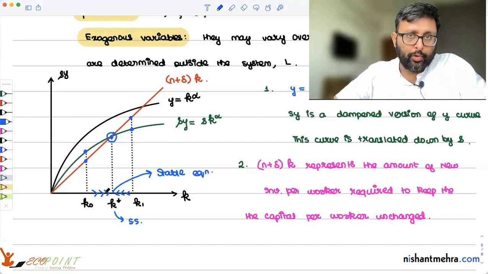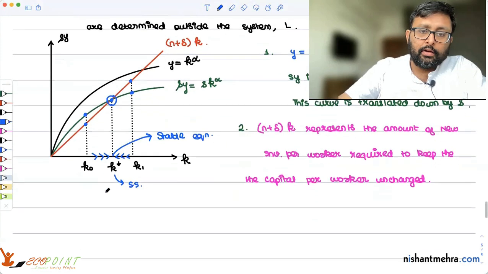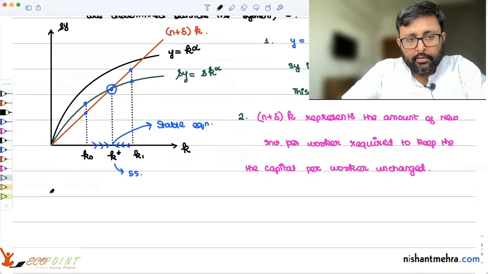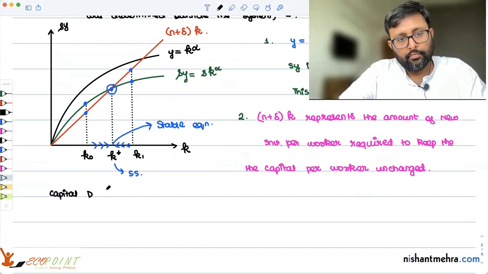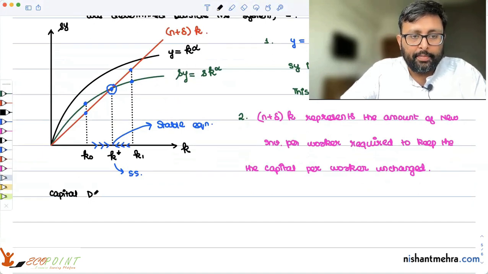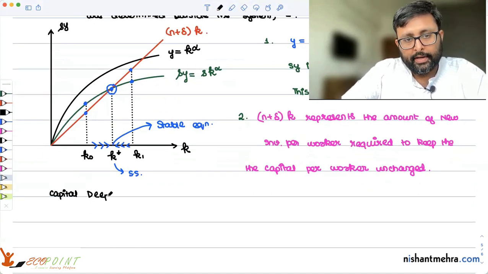And I want to tell you two more points. There is something which is called capital deepening and something which is called capital widening.